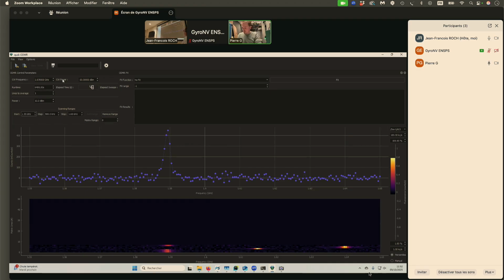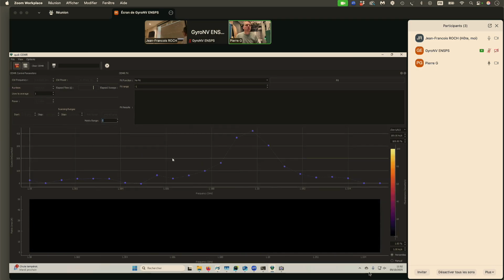Now, let me show you the importance of this, and I need to do it before we go to the next part. I will show you what happens when you change the orientation of the B field.